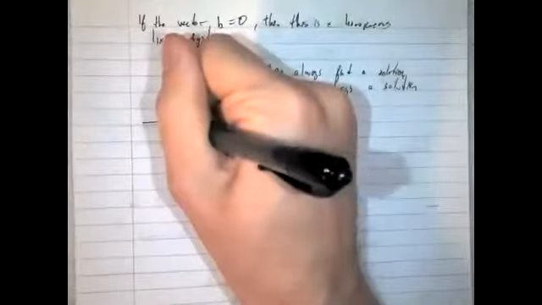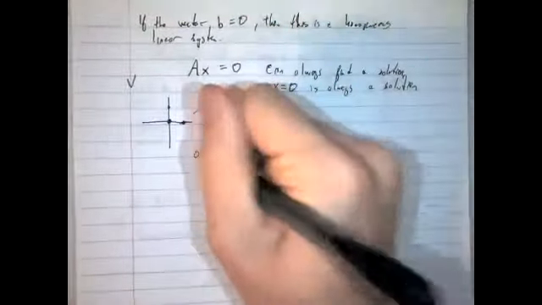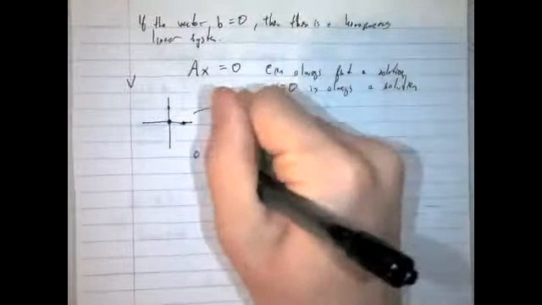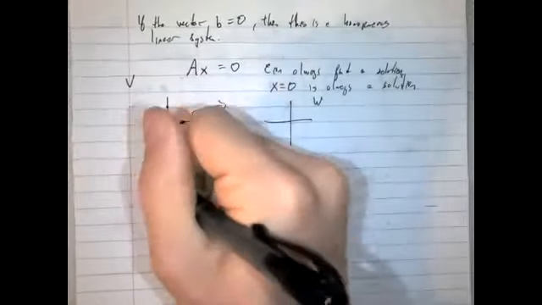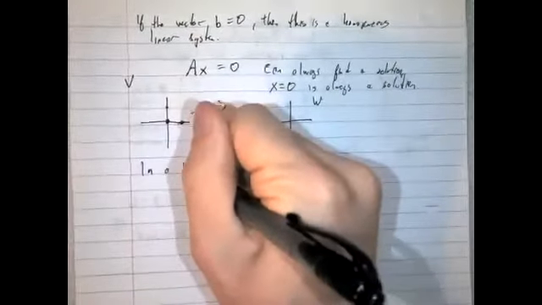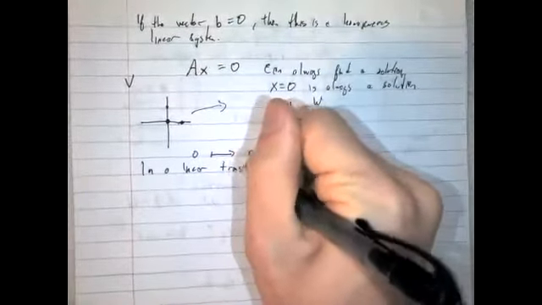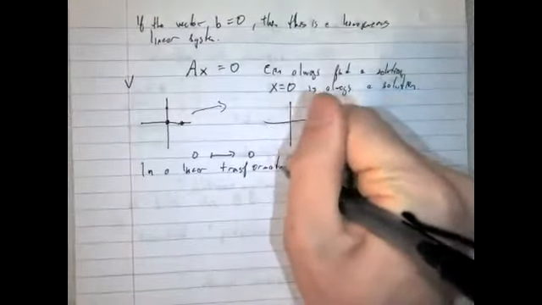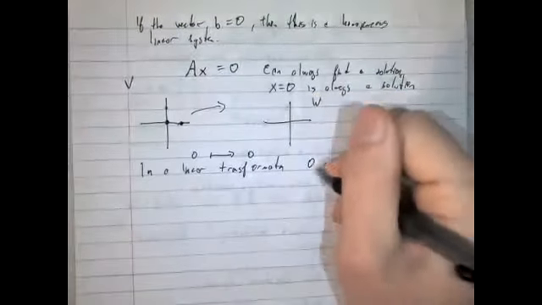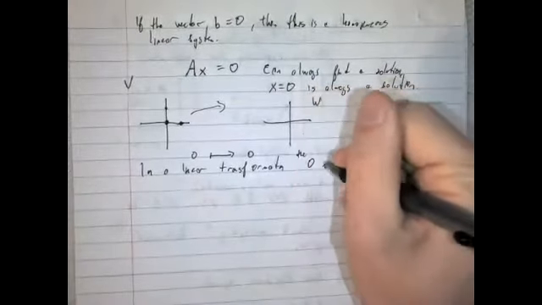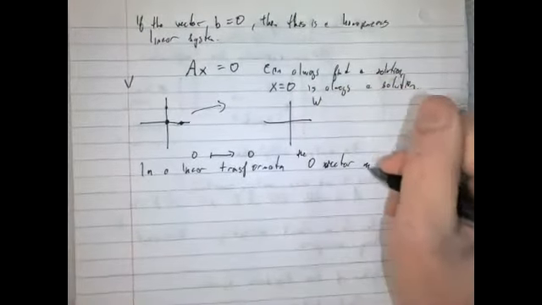And what that means is that the 0 point of the first vector space V, 0 always has to map to 0 in W. So in a linear transformation, zero must go to 0. The 0 vector must go to the 0 vector.